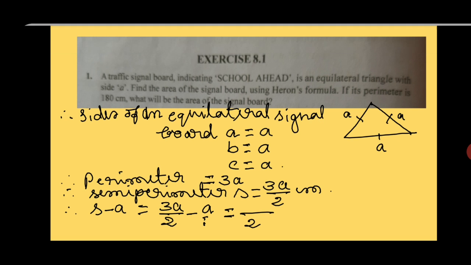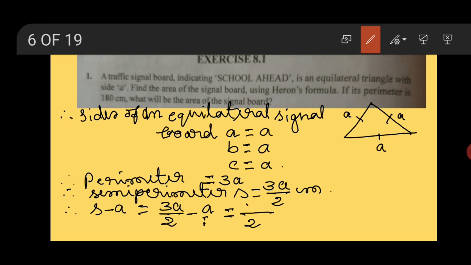Cross multiply: 3A into 1 is 3A, minus 2 into A, which is 2A. Subtract 2A from 3A and you get A divided by 2. So S minus A is equal to A by 2.